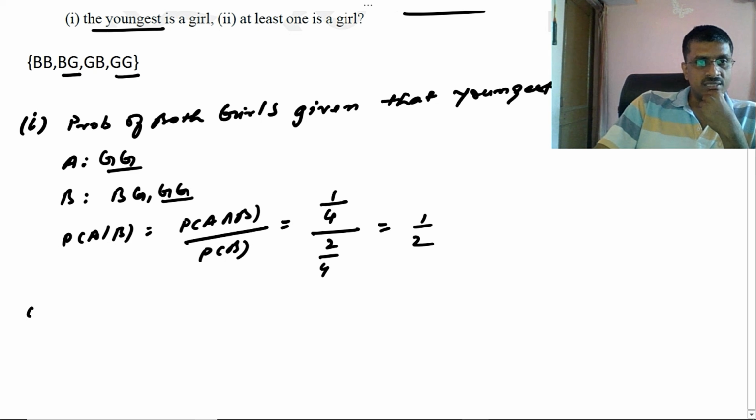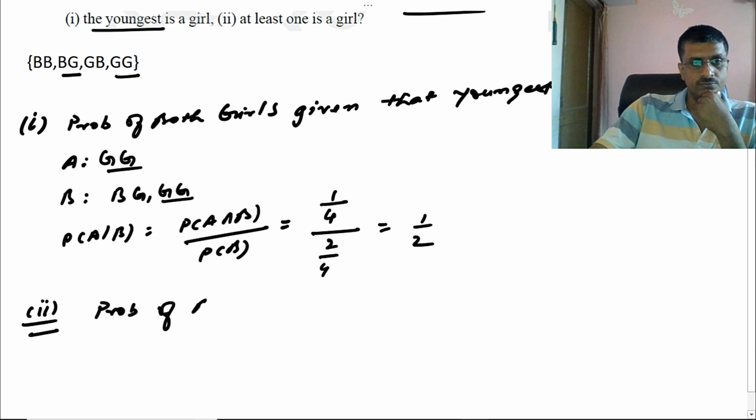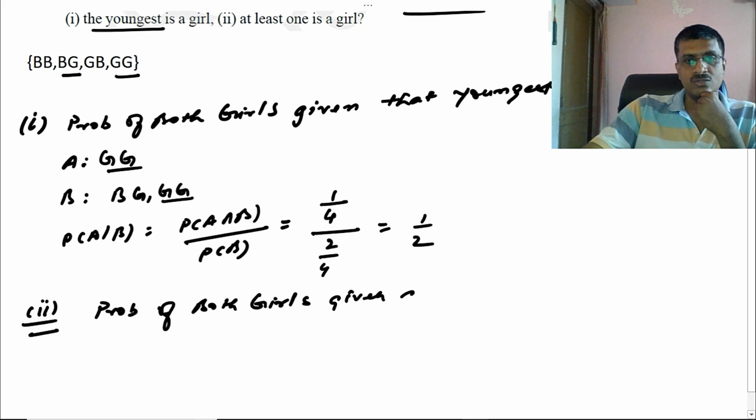Now, let's consider the second part. Here in this case, again we are looking for probability of both girls. And what is given here? At least one girl.